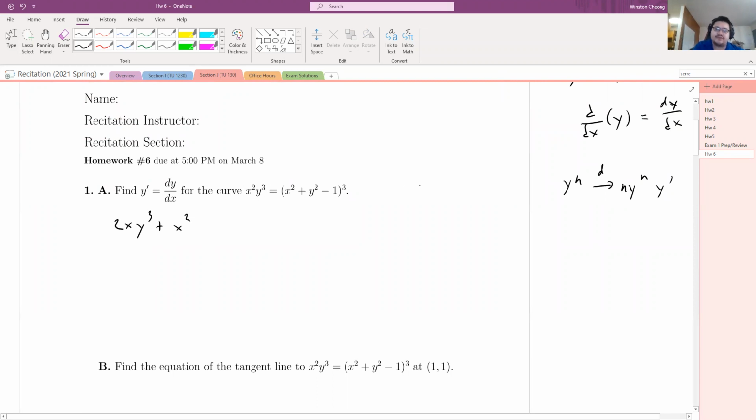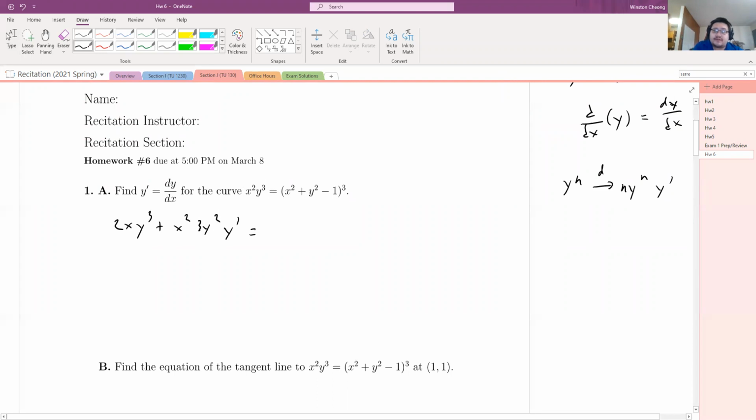This is where that implicit differentiation rule comes into play. Normally we would say 3y squared, but since this is y, not x, I need to put a y prime after that. This is the second half of product rule, and the whole thing is the derivative of the left-hand side.